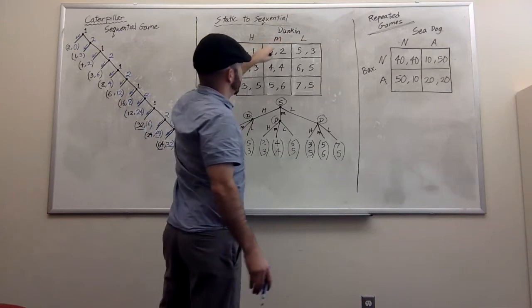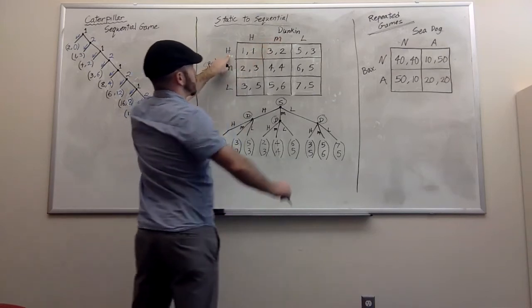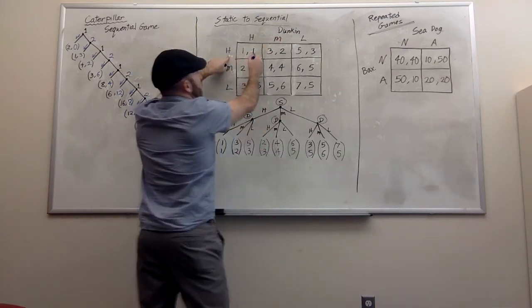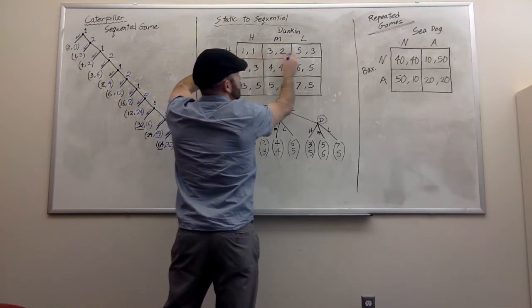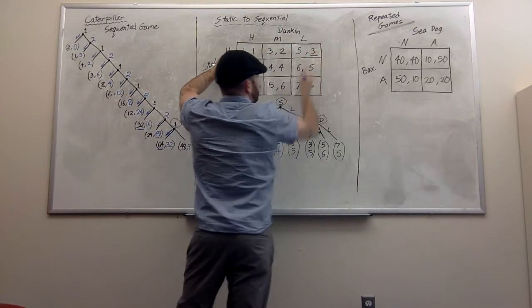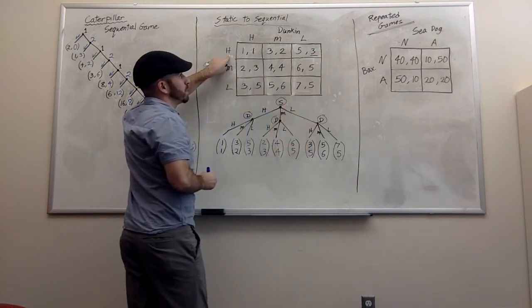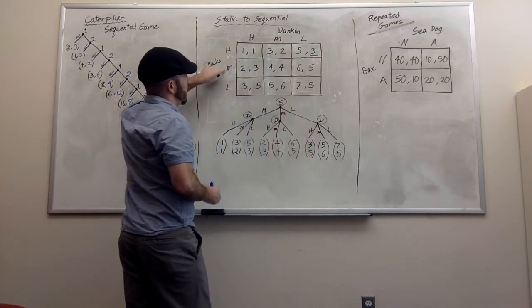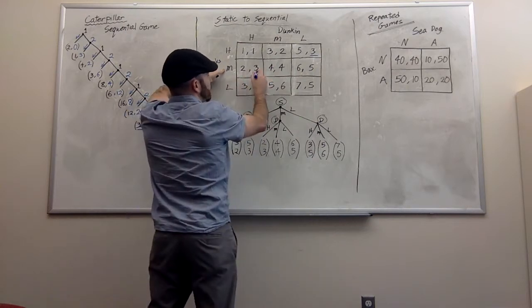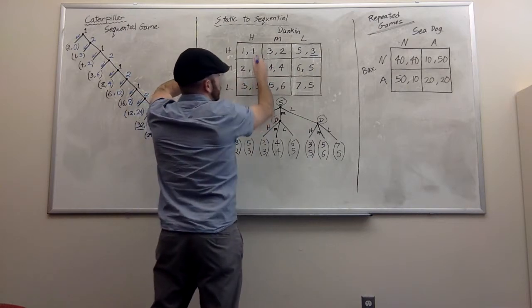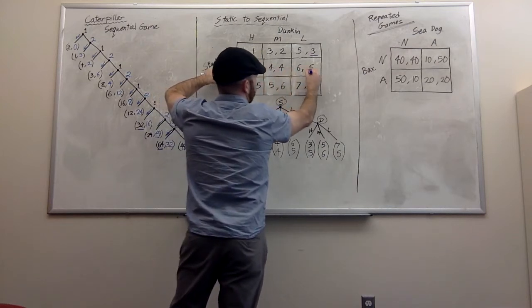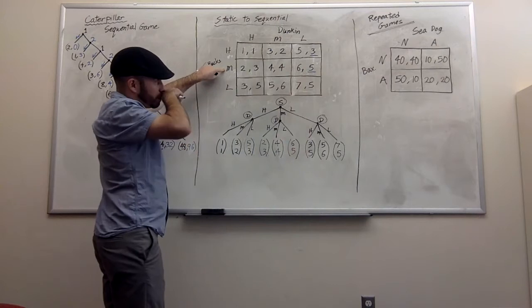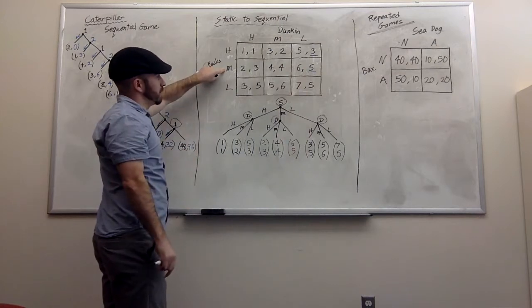So let's start with Dunkin's best response to Starbucks choosing a high price. Dunkin' can earn 1, 2, or 3. That's their best response, a low price if Starbucks chooses high. And if Starbucks chooses medium, Dunkin's best response is they can earn 3, 4, or 5. So 5 is Dunkin's best response there.